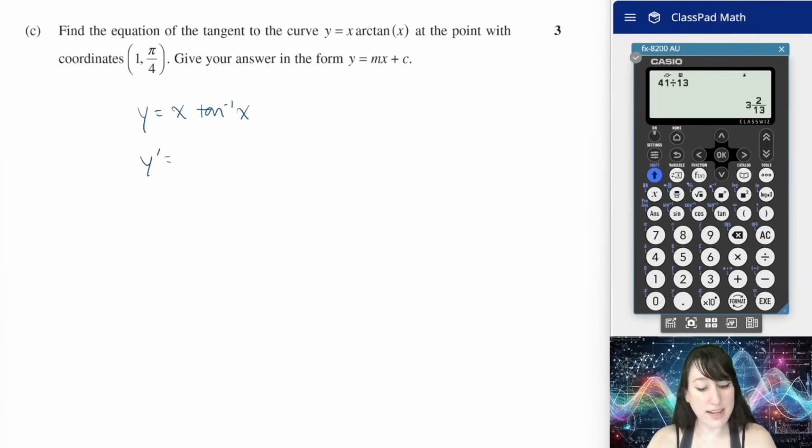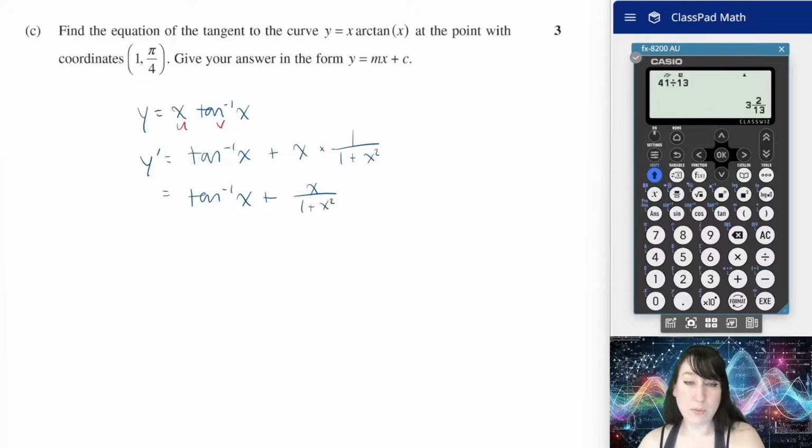So let's say x is u and inverse tan is v. So the derivative would be something like tan inverse of x plus x over 1 plus x squared, just depending on what order you put it in and how you might simplify it.